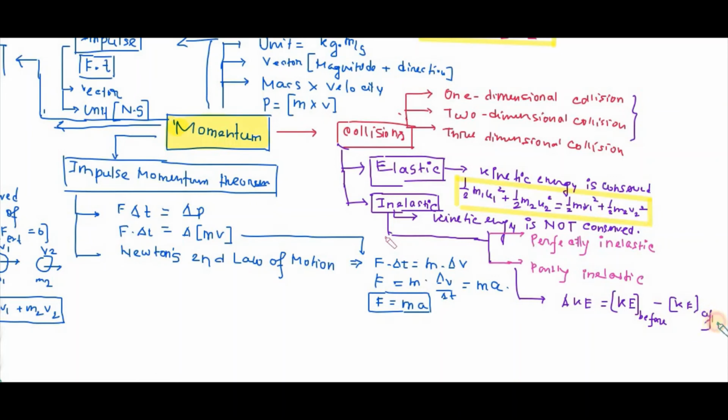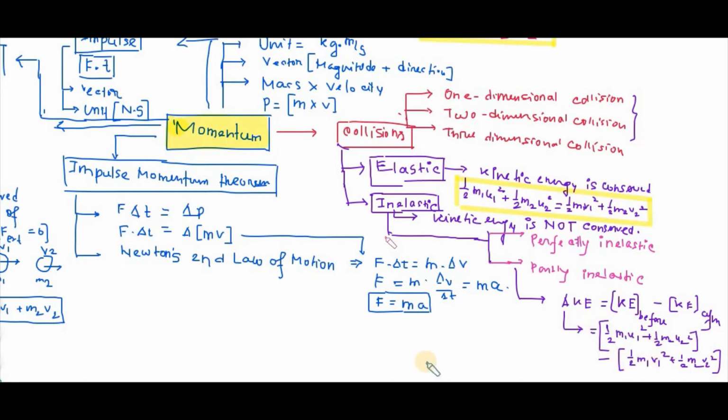For the partly inelastic collision, the total kinetic energy before the collision is half m1 u1 square plus half m2 u2 square, minus the kinetic energy after the collision, since they are moving separately, half m1 v1 square plus half m2 v2 square. That represents the change in kinetic energy.